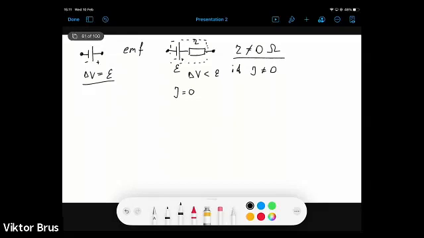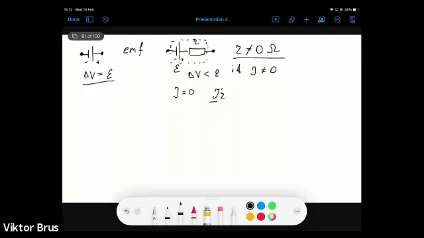And in that case, there is no voltage drop over this series internal resistance of the battery, since the voltage drop will be the product of current times internal resistance.